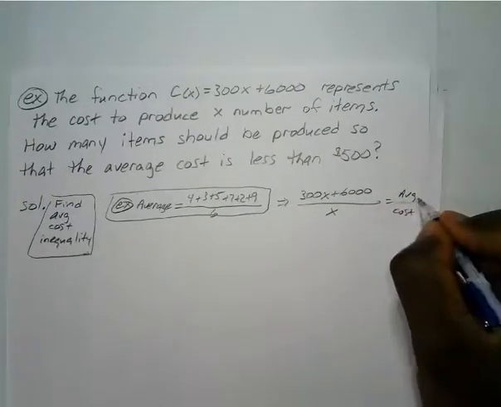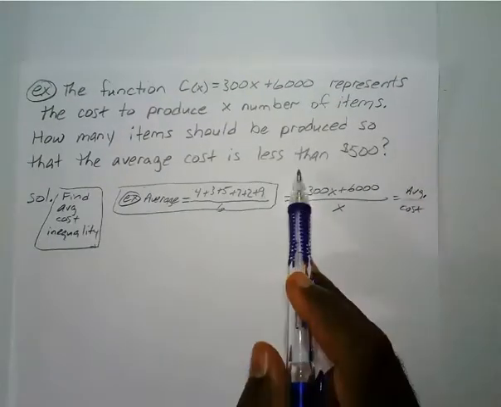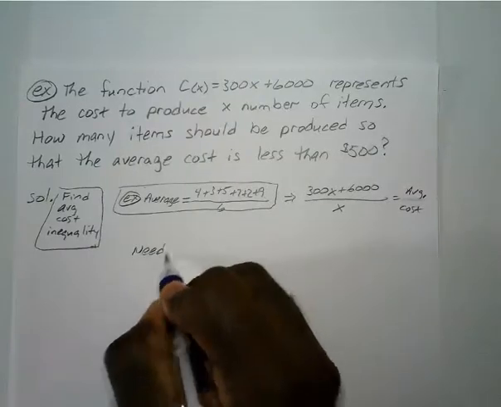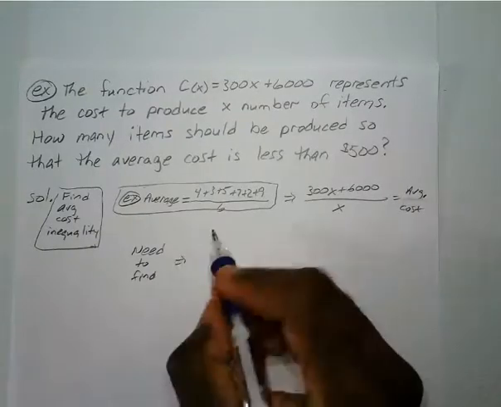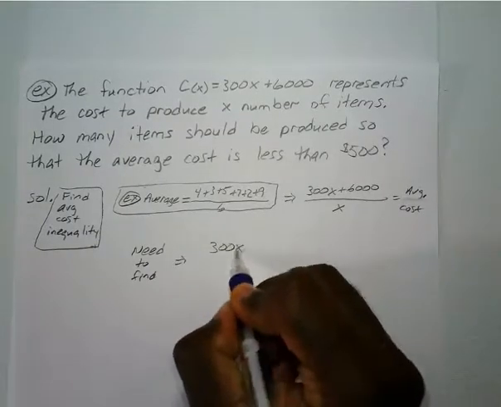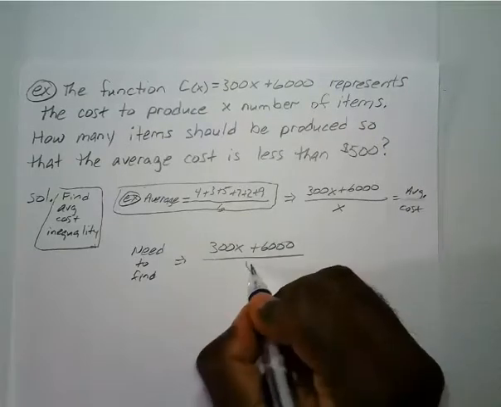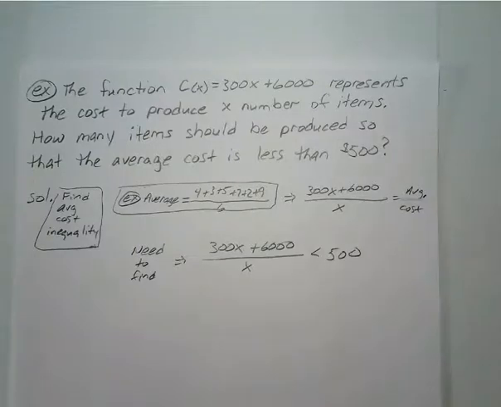So that's your average cost. What we want to do is find that average cost to be less than 500. So we need to find 300x plus 6,000 divided by x is less than 500. It didn't say less than or equal to, just said less than. So that gives us our average cost is less than 500.